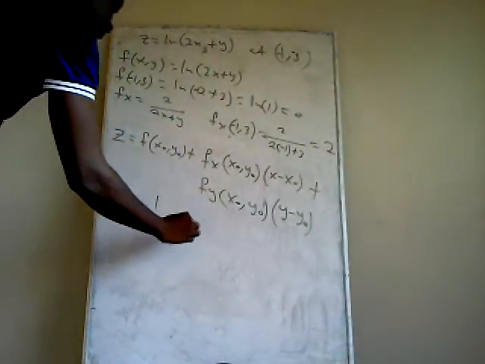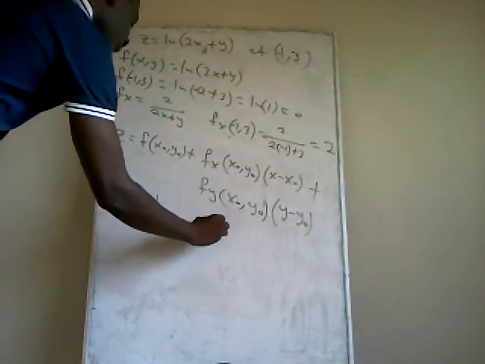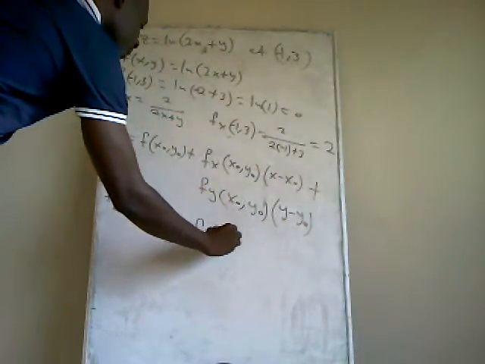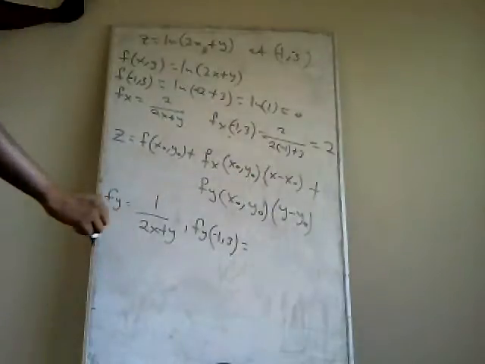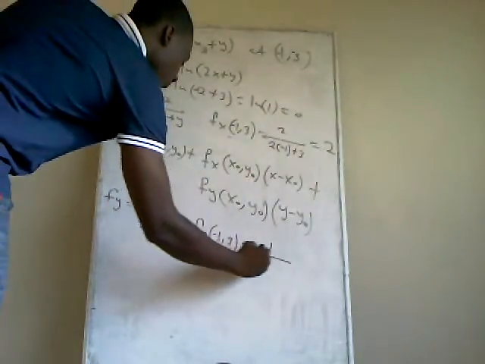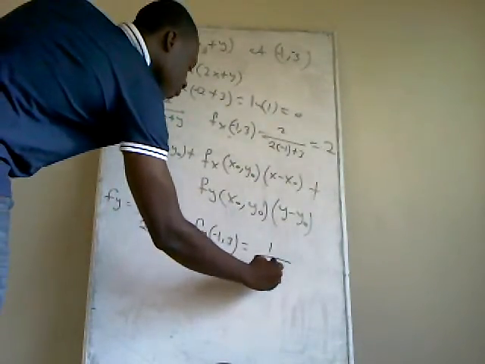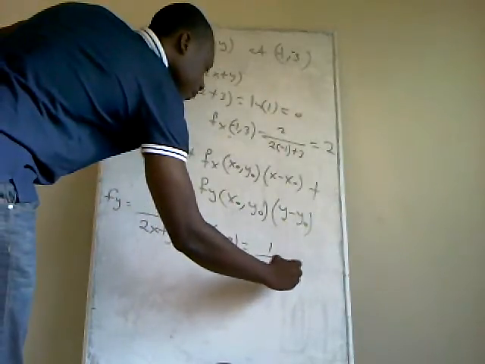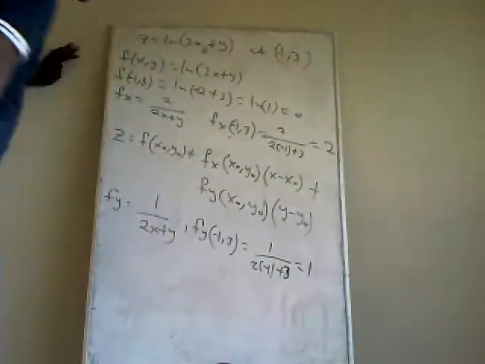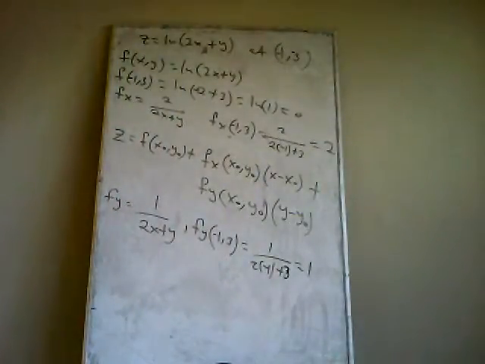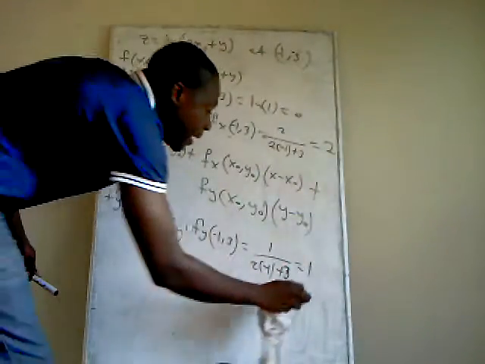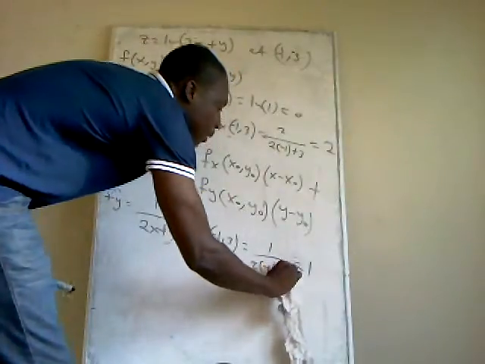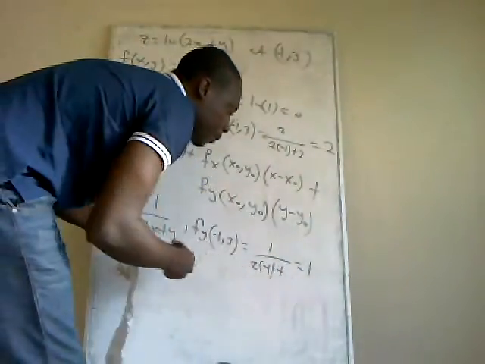So fy at -1, 3 is 1 over 2 times -1 plus 3, and that is 1.